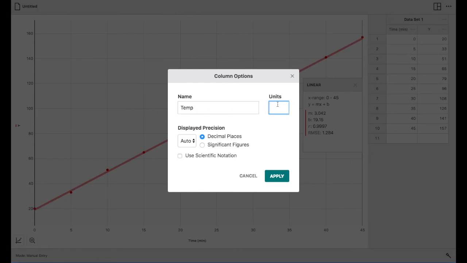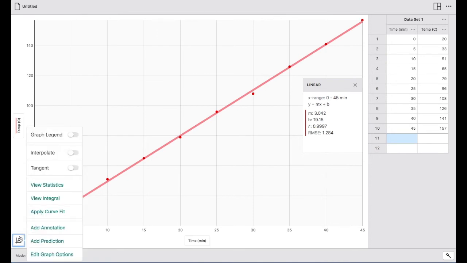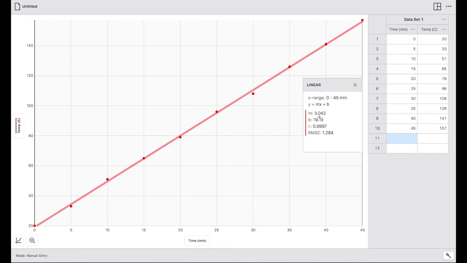Since we're scientists, we're going to use Celsius. So we added a time in minutes and a temperature in Celsius. And when we hit the apply curve fit, it told us our slope, our m, was 3.04, and our b is 19.15. So basically 3 and 19.